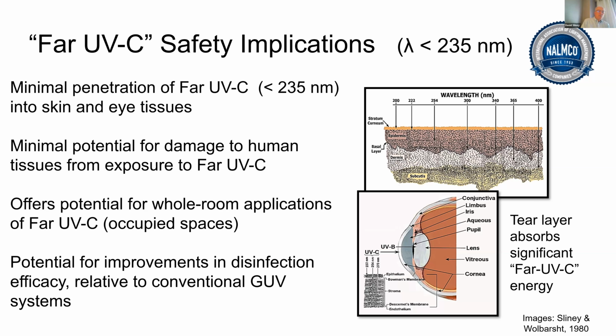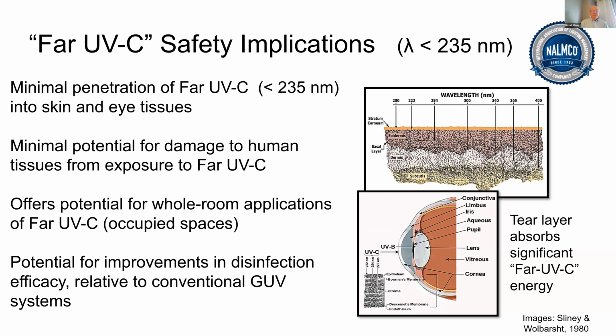And the reason is that at wavelengths less than 235 nanometers, the penetration into skin and eye tissues is so much more shallow, because almost all proteins, the main building blocks of tissue, are highly absorbing at wavelengths less than 235 nanometers. So there's a minimum potential for damage to human tissues from far UVC for the same irradiance levels, same dose rates.